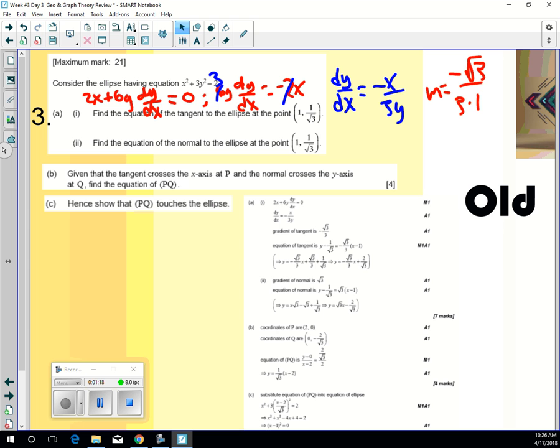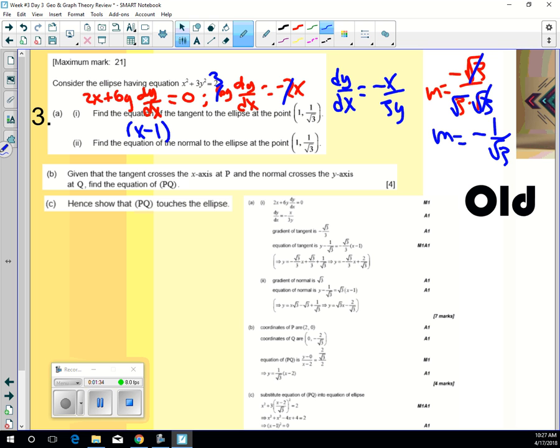And so the slope is just going to be negative 1 over the square root of 3, because one of these square root of 3's will cancel. So x minus 1 times negative 1 over the square root of 3 is equal to y minus 1 over the square root of 3. That is the equation for the tangent line.